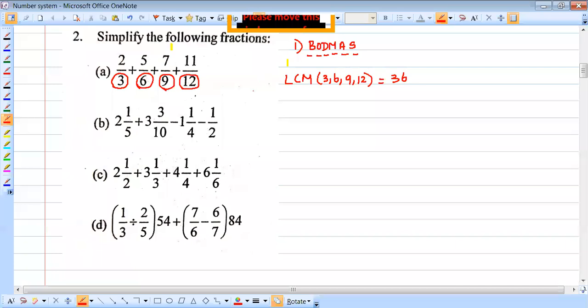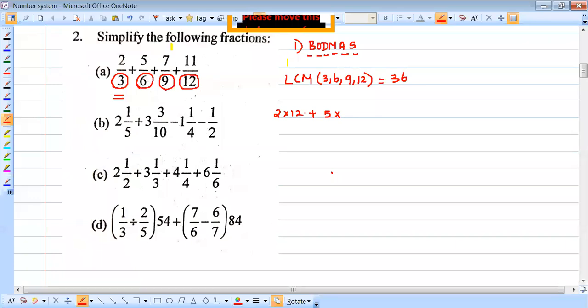Then we have to multiply that. See here. The denominator is 3. How many times should we multiply this number to get 36? 12 times. 12 3s are 36. Then 2 into 12 plus, for the second fraction 6 is the denominator. If you multiply 6 times only, you will get 36.